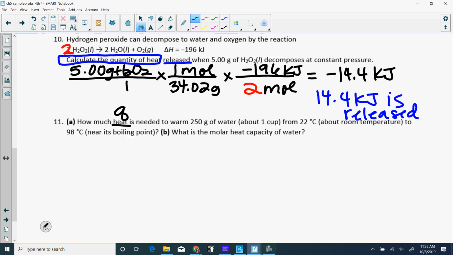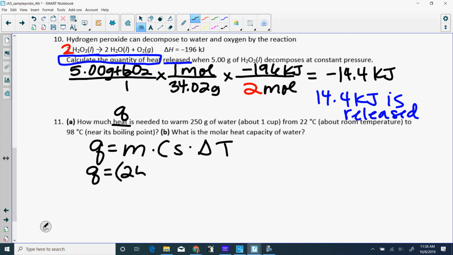How much heat, Q, is needed to warm 250 grams of water, which is a cup, from 22 degrees Celsius, which is room temperature, to 98, which is almost boiling? Q equals m c delta T. Q is going to come out in joules. We have 250 grams.